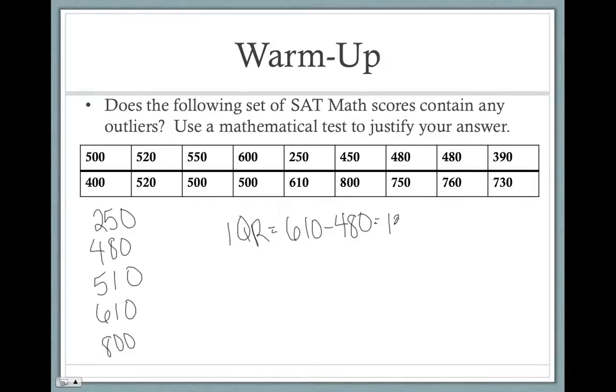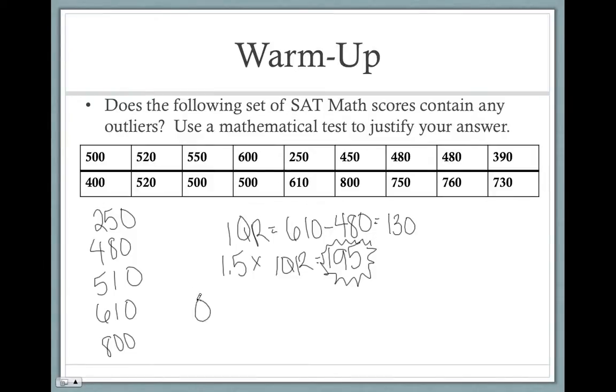That should be 130. Then I need to take that number and multiply it by 1.5. When I do that, I get 195. That, remember, is my magic number.